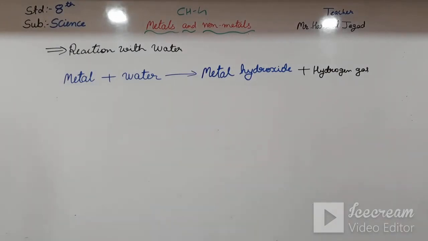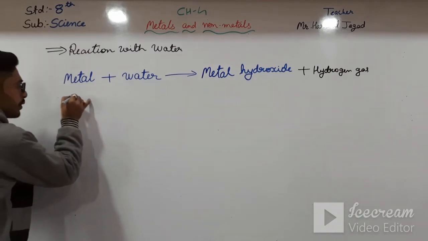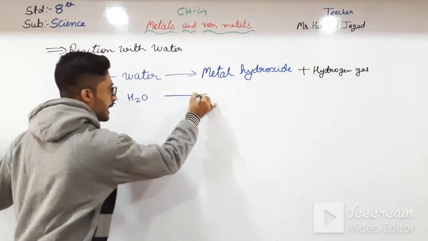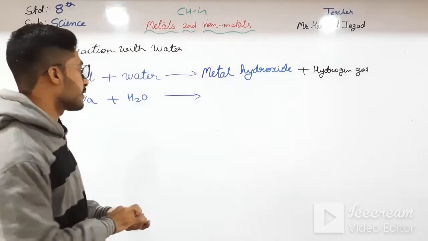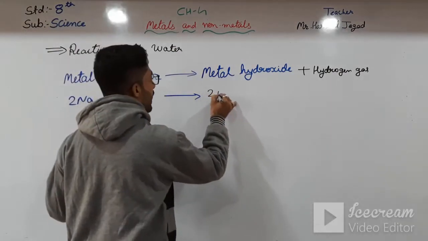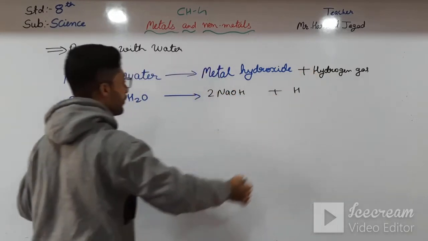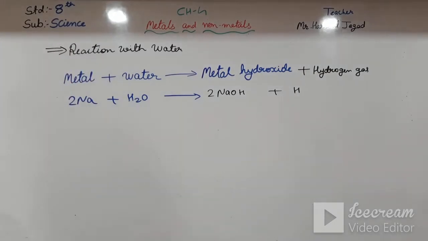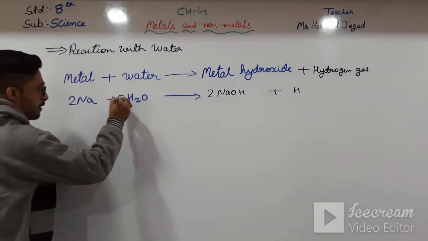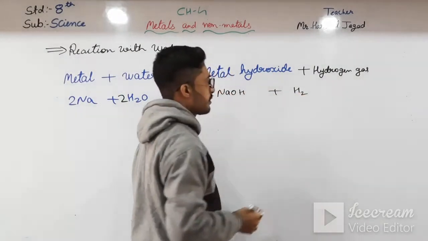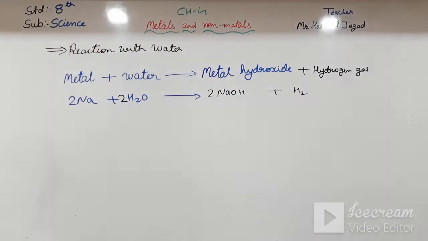Here the example is sodium plus water, we get sodium hydroxide plus hydrogen gas. So here when 2Na reacts with 2H2O, then we get metal hydroxide, that is 2NaOH plus hydrogen gas, H2.